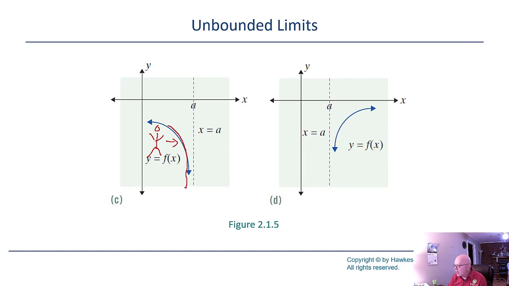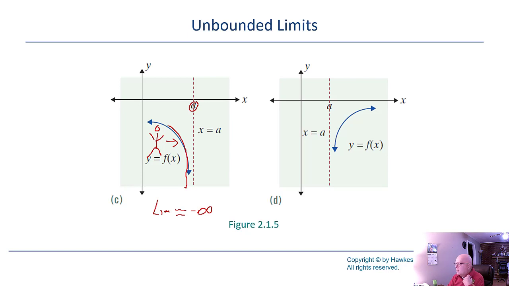The closer we get to x values of a, the numbers for y are getting not only negative, but very, very big negative numbers. So that's what we mean when we say the limit is negative infinity.